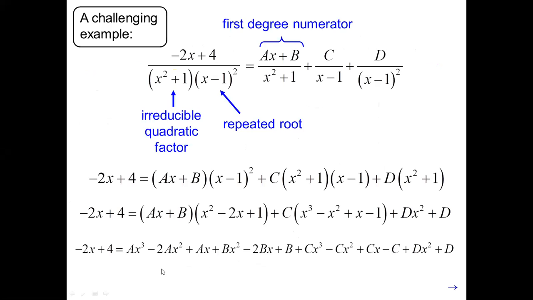If I have copied everything correctly: ax cubed minus 2ax squared plus ax plus bx squared minus 2bx plus b plus cx cubed minus cx squared plus cx minus c plus dx squared plus d.